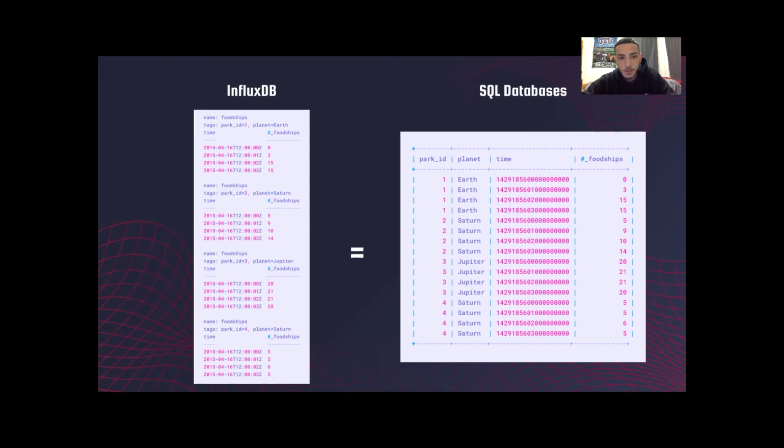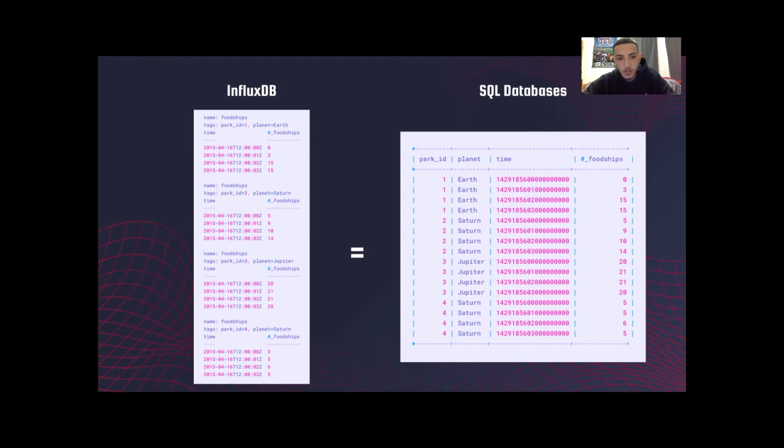As you see in the first series, it has the name food chips, park ID of 1, the planet equals Earth. And then it has the time and the number of food chips, the two characteristic pieces of data that make each point within the series unique.